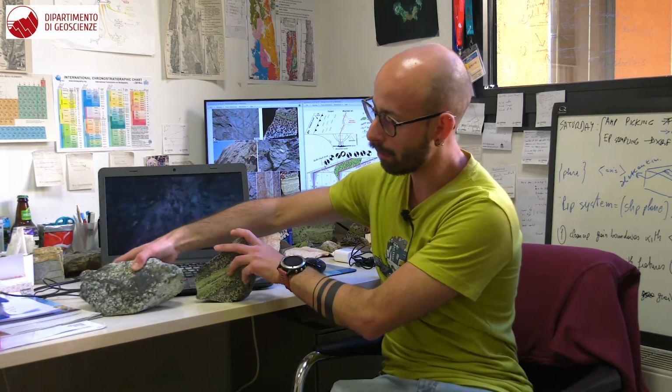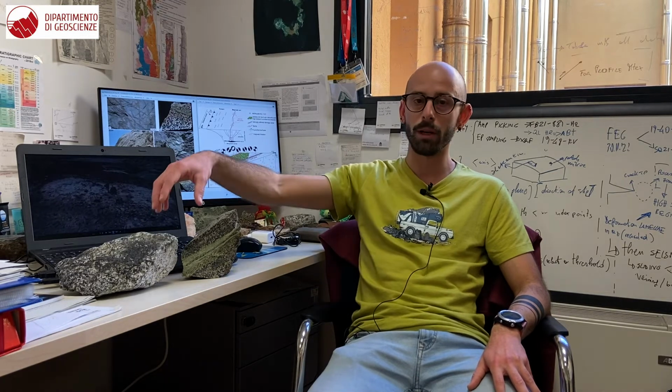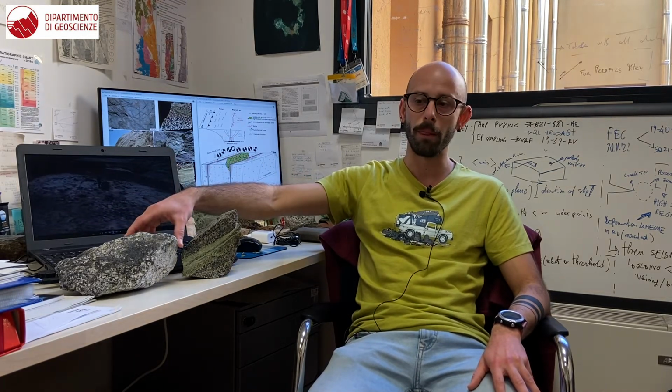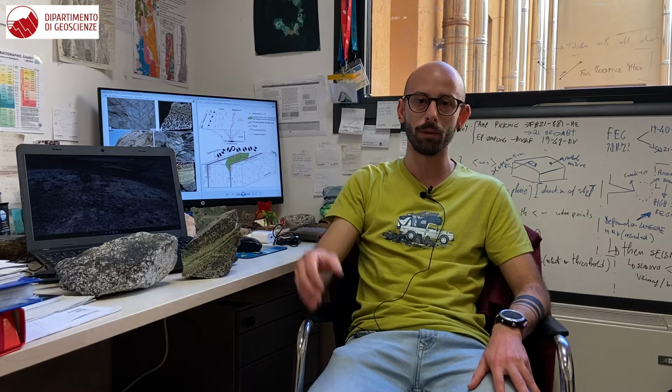So in this study, we describe across scales the architecture of a fault zone, and what we found is, first of all, pseudotachylite, and based on the dimension of the fault, this fault was capable of generating a magnitude 6 or magnitude 7.